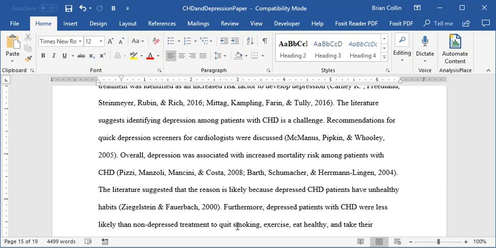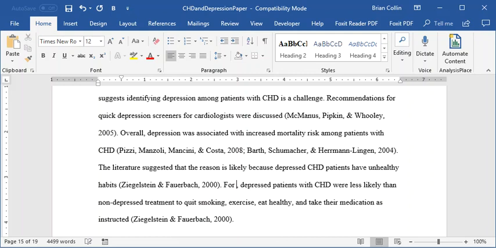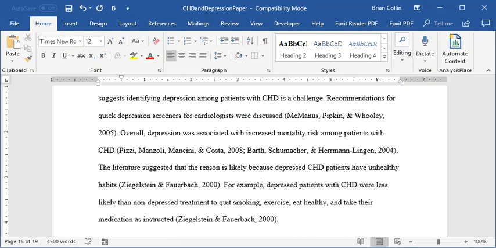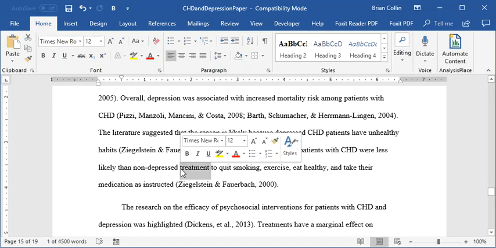In the next sentence I say, furthermore, depressed patients were less likely than... I could have probably put, for example, here. That may have been better. For example, depressed patients with heart disease were less likely than non-depressed patients to quit smoking, exercise, eat healthy, and take their medication as instructed. That should be patients, not treatment.